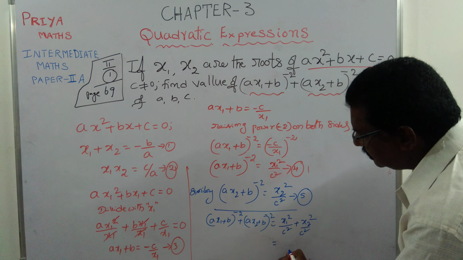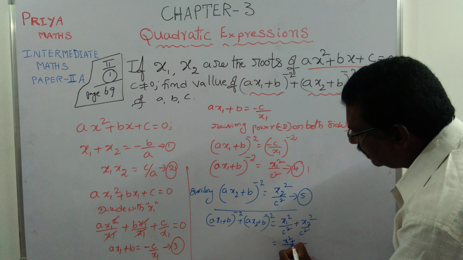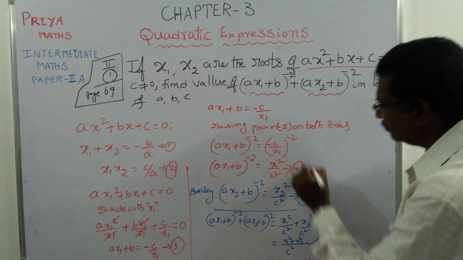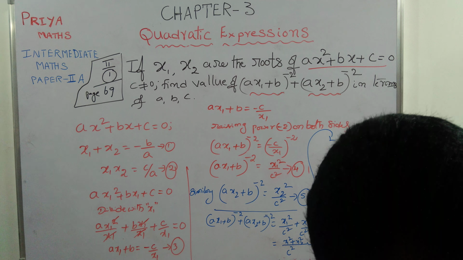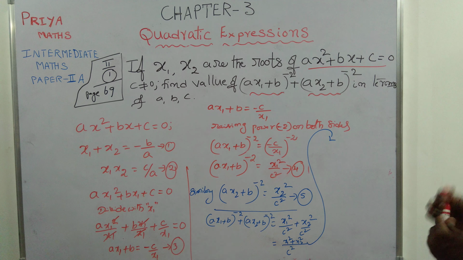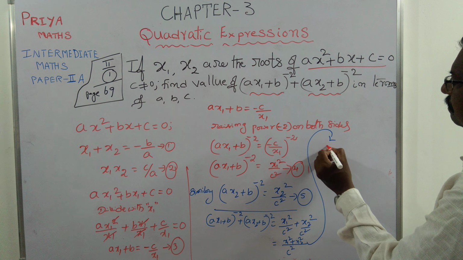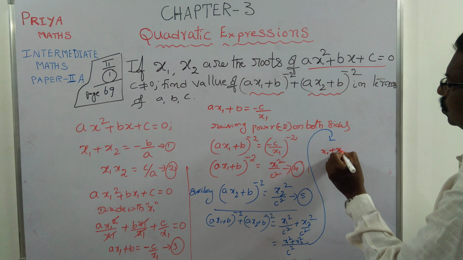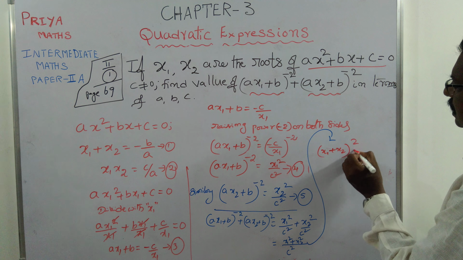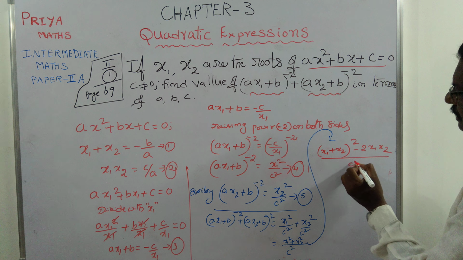You write like this: 1 by c square times (x1 square plus x2 square), which is (x1 plus x2) whole square minus 2 x1 x2, by c square.